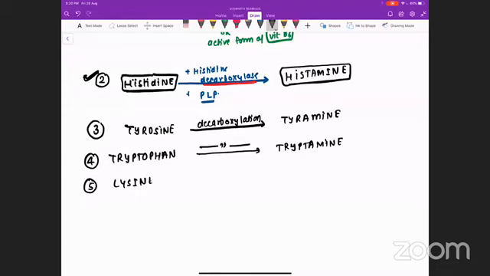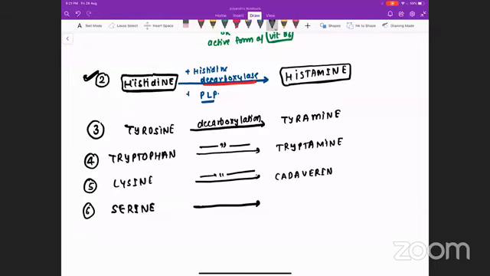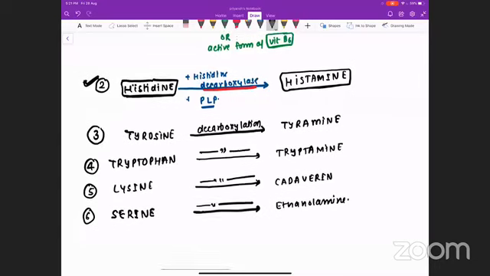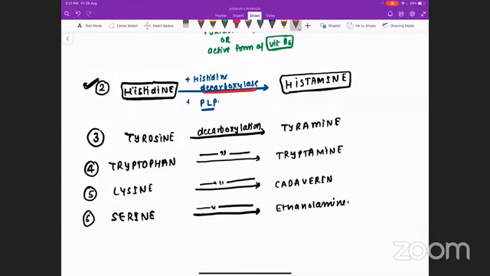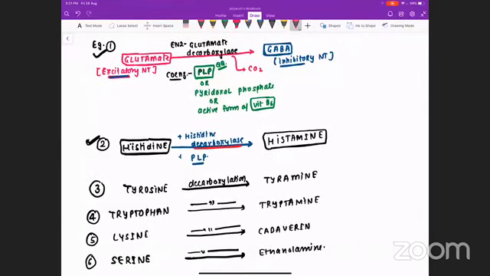If we take the amino acid lysine, decarboxylation will convert it into cadaverine. If we take serine, decarboxylation of serine will convert it into ethanolamine. So these are the various examples of decarboxylation reaction, but the first two are the important ones.